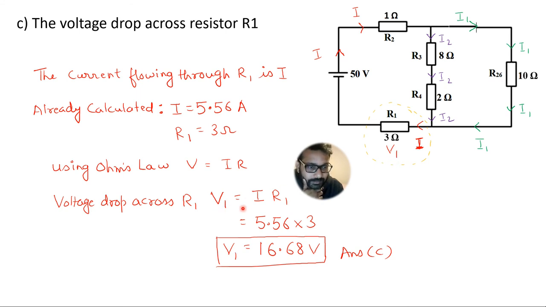So V1 will be equal to the supply current I multiplied by R1. I we have calculated to be 5.56, multiplied by R1, which is 3 ohms. If you do the calculation correctly, you should end up getting 16.68 volts. So that's the answer for part C.